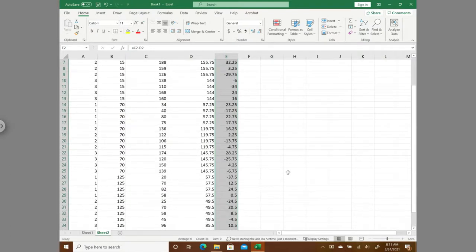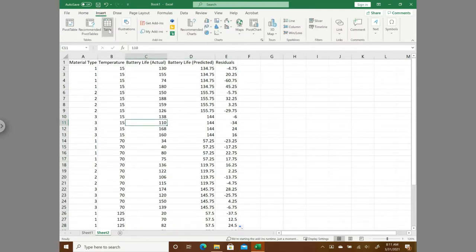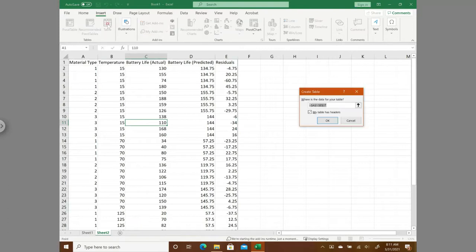So we got the residuals, right? Next thing, for ease of analysis, I'm going to convert this raw data into an Excel table. So I'm going to click somewhere inside the data. Then go to Insert and Table. Excel will ask where is the data for your table, and it automatically selected this data.